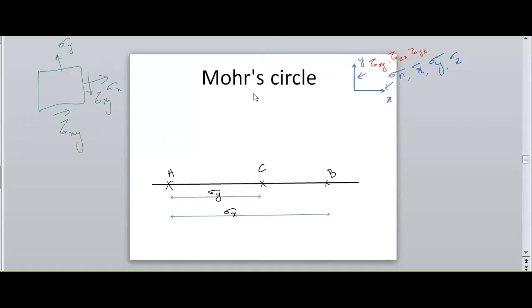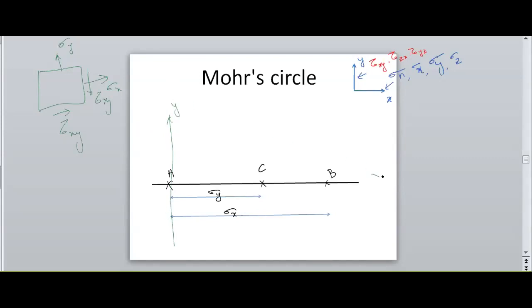Therefore, first of all, draw a horizontal line and make a point A. Capital A is the origin for our x-axis and y-axis.